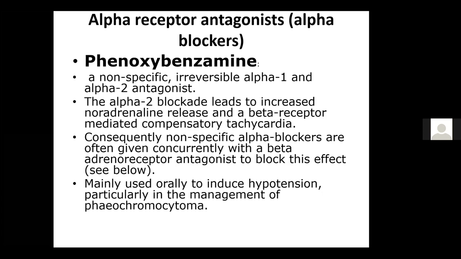When you get a decrease in blood pressure, you stimulate the baroreceptor, and the end result is you get a compensatory tachycardia. And this compensatory tachycardia we often reverse by using something that works on the beta receptor, because we said beta 1 receptor is predominantly a receptor for the heart, with inotropic and chronotropic effects, or we would say effects on contractility and heart rate.